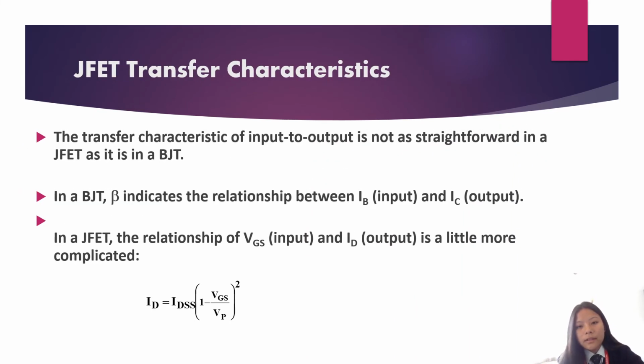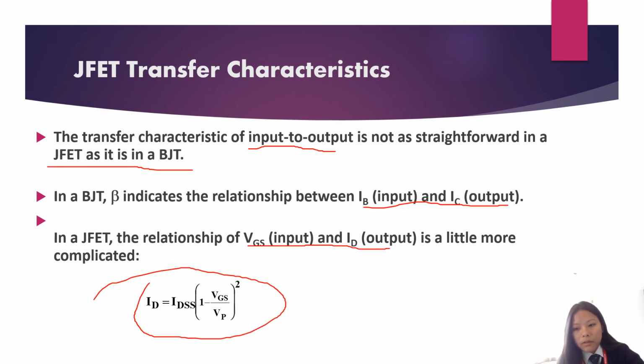Let's see the JFET transfer characteristics. The transfer characteristics of input to output is not as straightforward in JFET as in BJT. In BJT, beta indicates the relationship between IB input and IC output. In a JFET, the relationship between VGS input and ID output is a little more complicated, and it is given by ID equals IDSS times 1 minus VGS over VP, whole square.